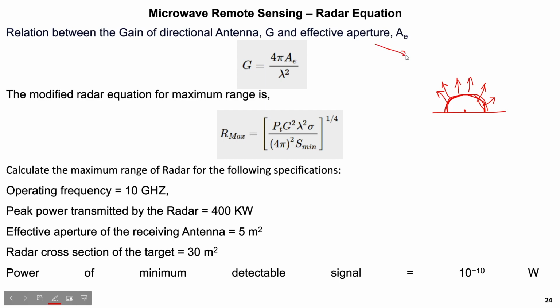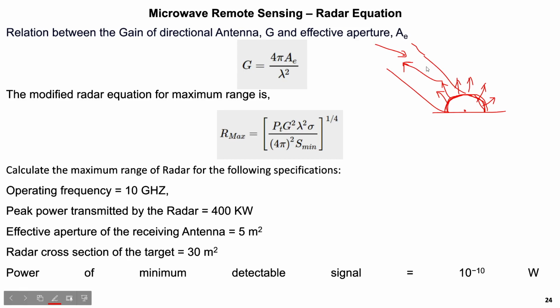But since your antenna is side looking, not all the backscatter energy from this entire hemisphere is going to reach your sensor. So let's say maybe from this 180 degrees, maybe only 70 to 80 degrees within this bandwidth is going to reach your sensor.